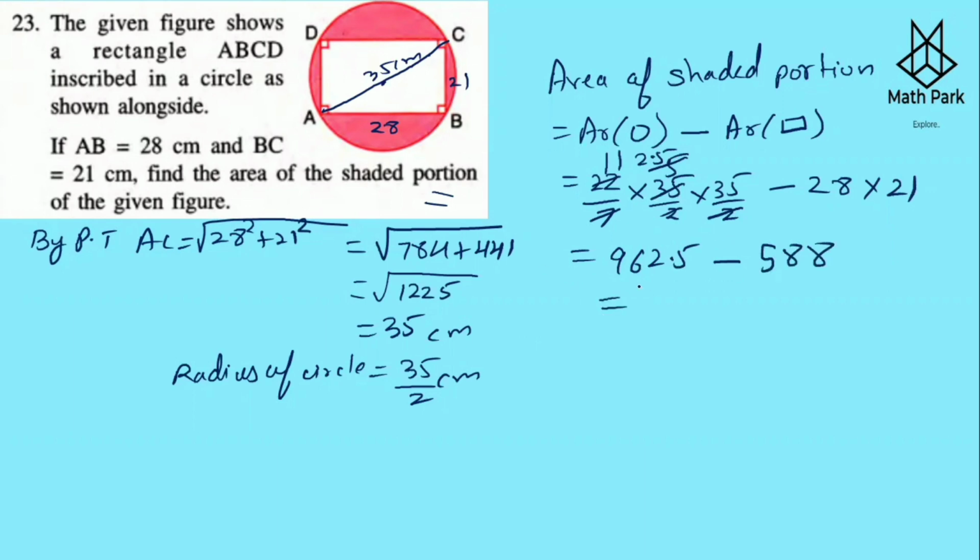Now let us subtract: 962.5 minus 588, we get 374.5 square centimeter, which is the area of the shaded portion.